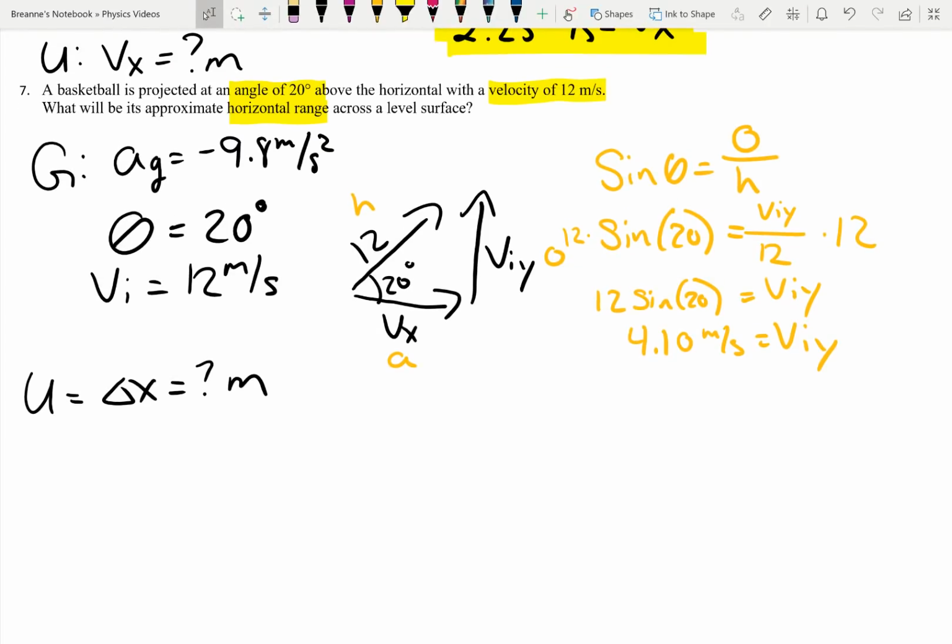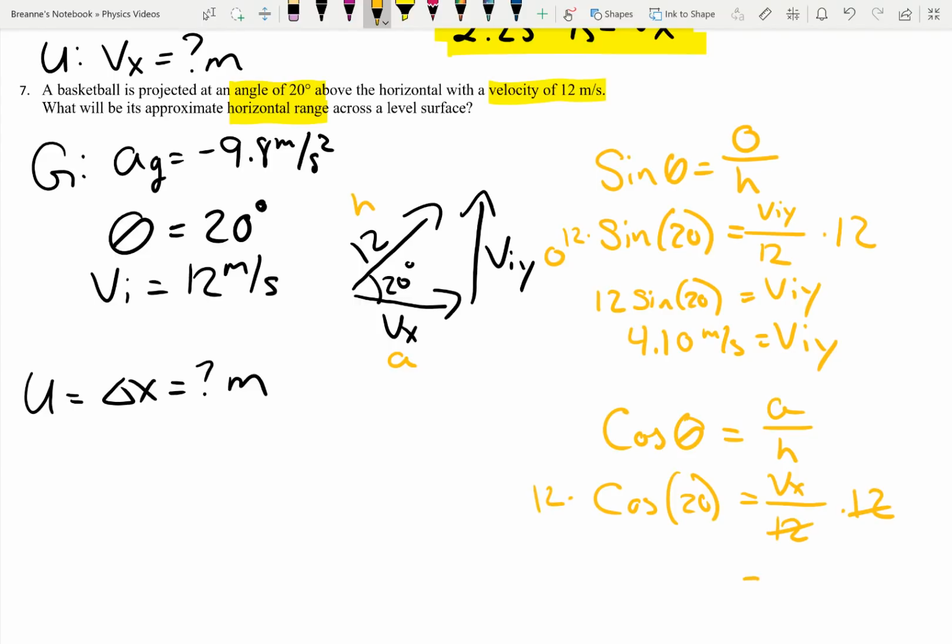So now we're going to do cosine. Cosine of theta is adjacent over hypotenuse. We have theta is 20. Adjacent is the Vx like you're looking for, and your hypotenuse is 12. We need the Vx by itself. It's being divided. Opposite of divide is multiply. What you do to one side, you gotta do to the other.